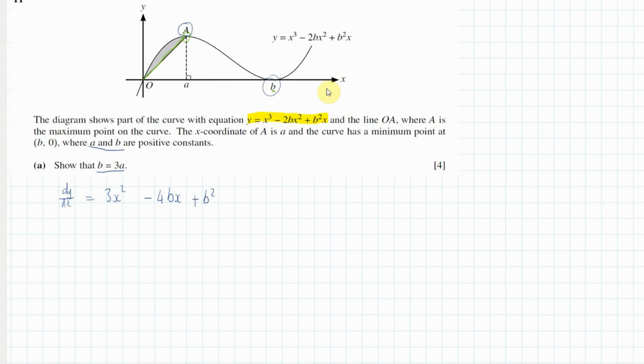It's dy dx we're doing here. Okay, now I also know that I can set this to 0 to find the minimum and maximum points.